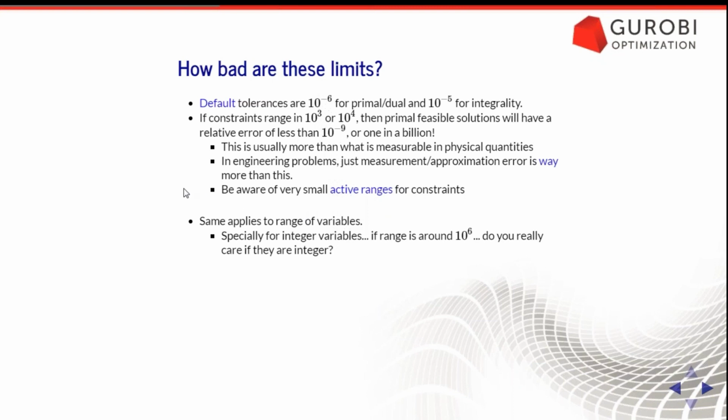Okay, so what about variables? Because this was talking about constraints. The same really applies to variables. Ranges for variables shouldn't be too big either, for the same reason, because the bounds are, again, primal constraints. Although we treat them differently, you should be careful not to have wide ranges on primal variables. And also for integer variables.